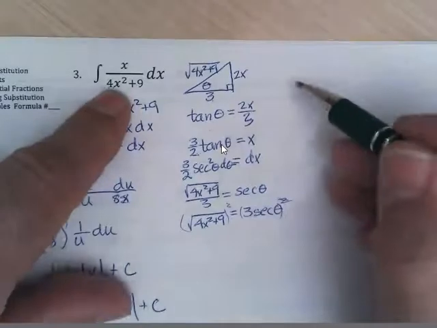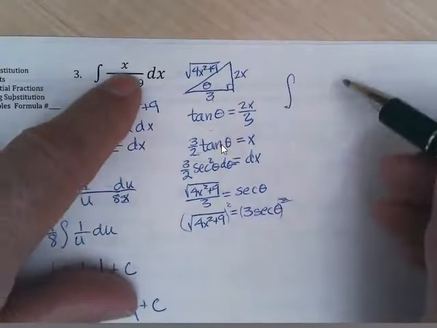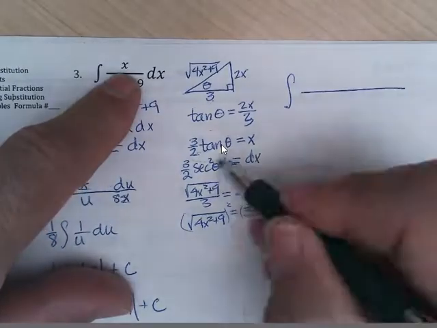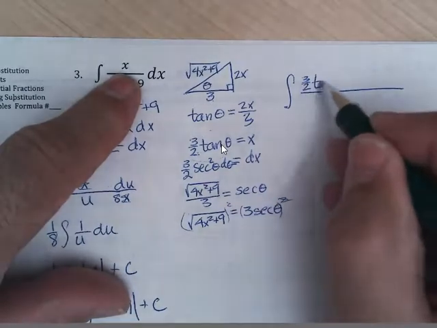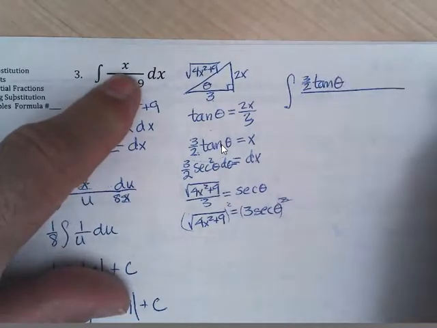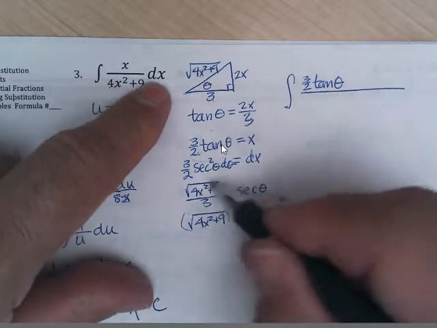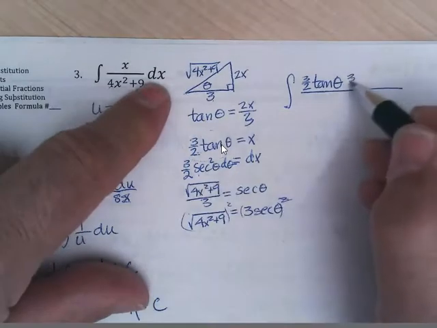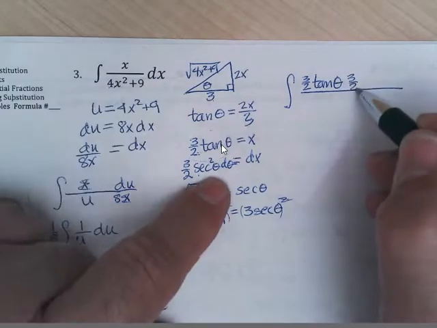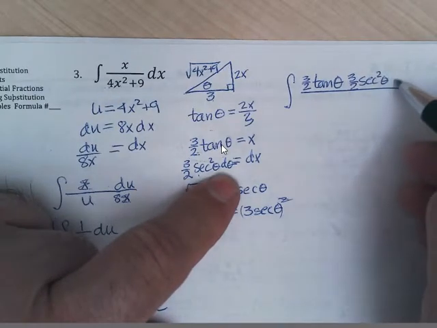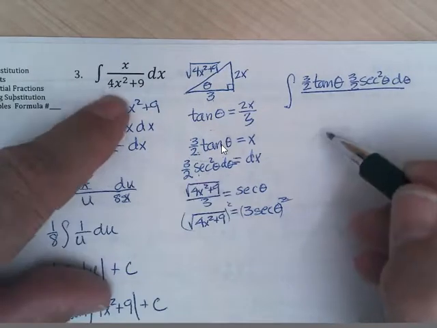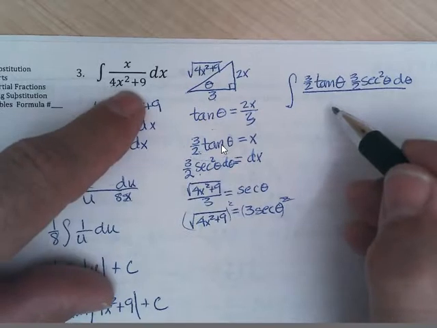So this would become the integral. Replace the x. That's 3/2 tangent theta. Replace the dx. That's 3/2 secant squared theta d theta. Replace that non-square root thing.